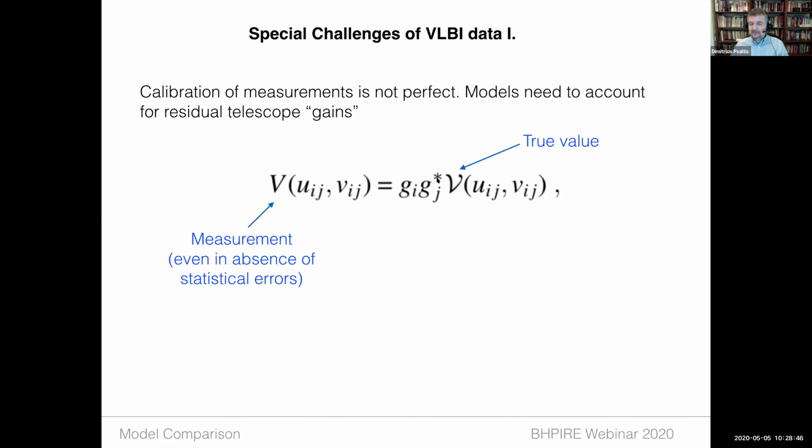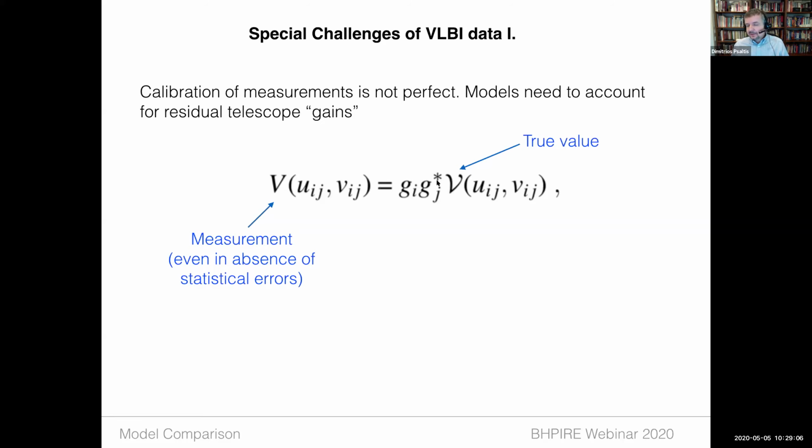And the reason that one of them has a complex conjugate here is because the resulting visibility is of a real image, such that the conjugate of that visibility has to be equal to the visibility at the negative position. So this is just a mathematical reason why we put that there.